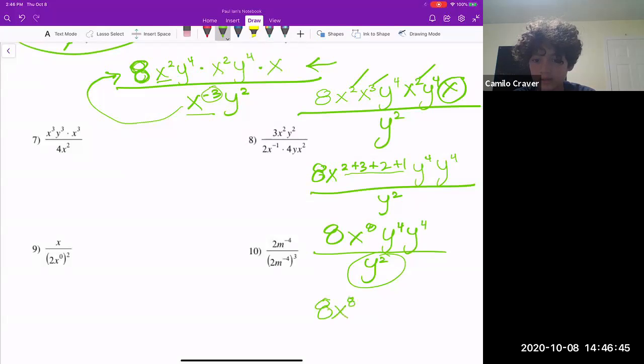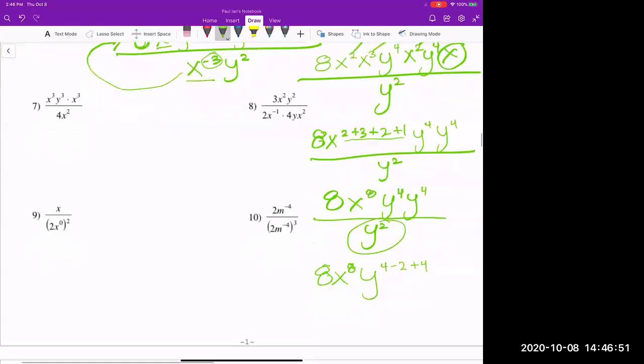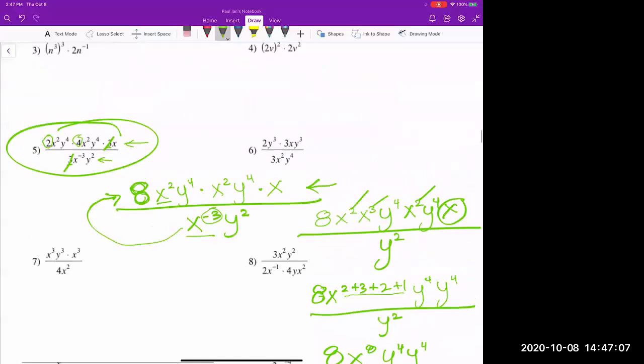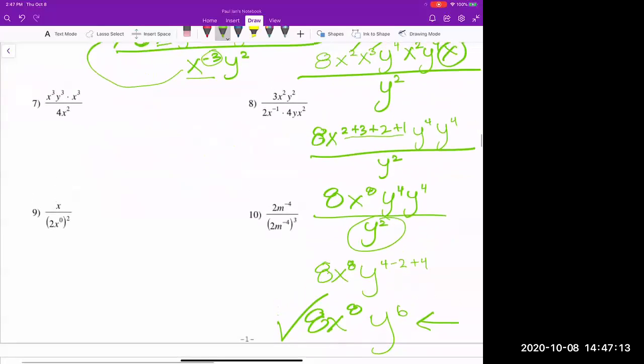Oh, 4 minus 2 plus 4. That's good. So now it's x to the 8th, y to the 4 minus 2 plus 4, that's 6. 8 minus 2 is 6. All of that reduces to this guy right here, which was super complicated to look at.